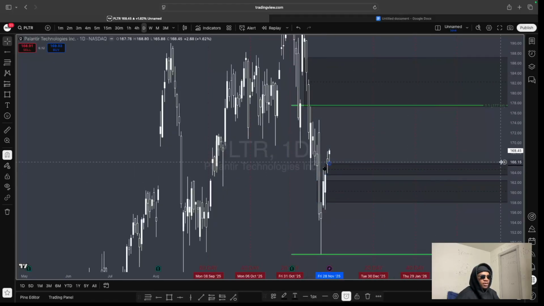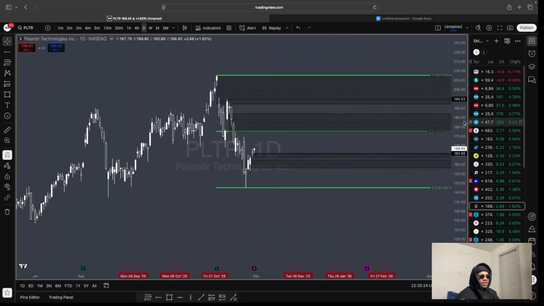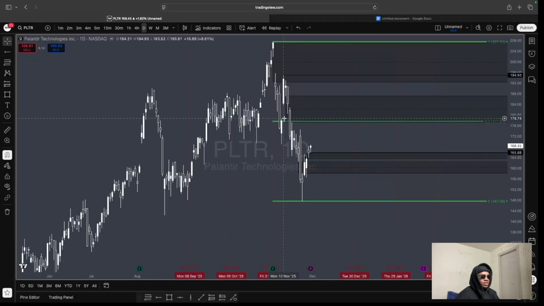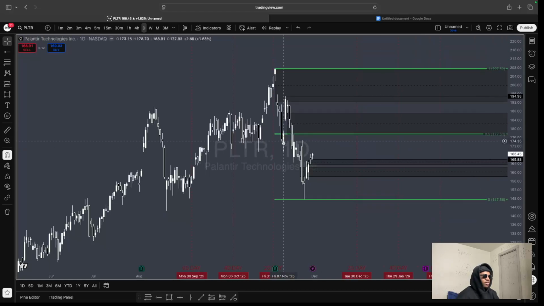All right, yep. If it hits right here, since this is a high profitability fair value gap, I definitely want to see price go to this area, between 187 to 177. That's where I want to see it go to for Palantir. I'm loving Palantir. On to the next one.